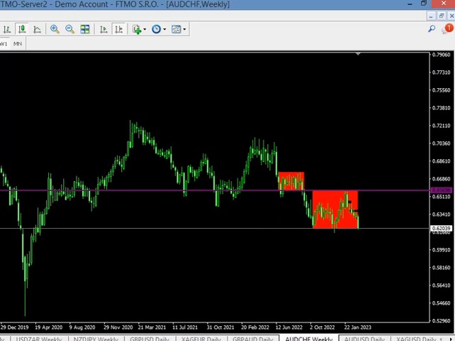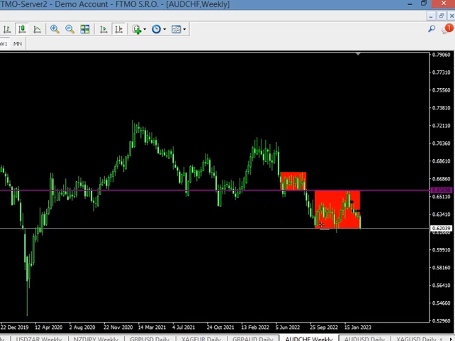First of all, let us mark the consolidation area. Clearly, we are looking for our targets to be an equal distance, an equal move to the downside.